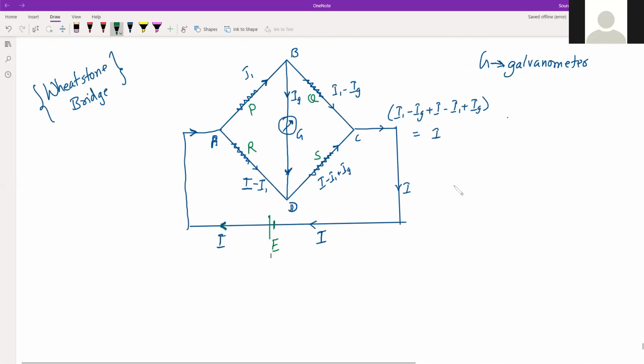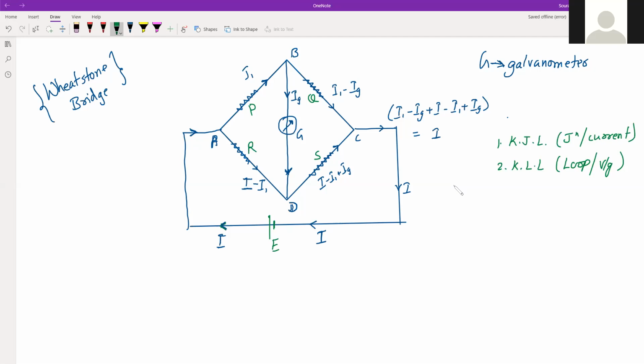Now we have studied two laws. One was Kirchhoff's junction law, that is also called the current law, and the second was Kirchhoff's loop law, that is called the loop or voltage law.